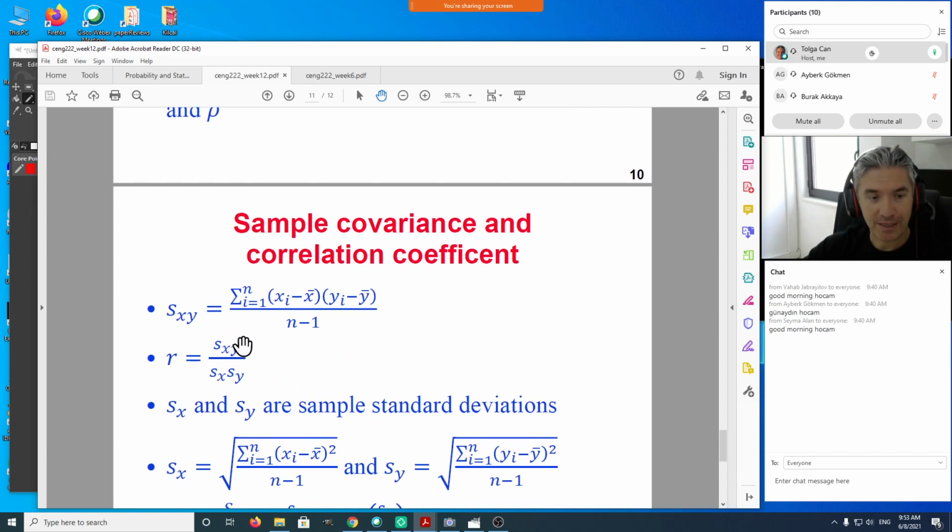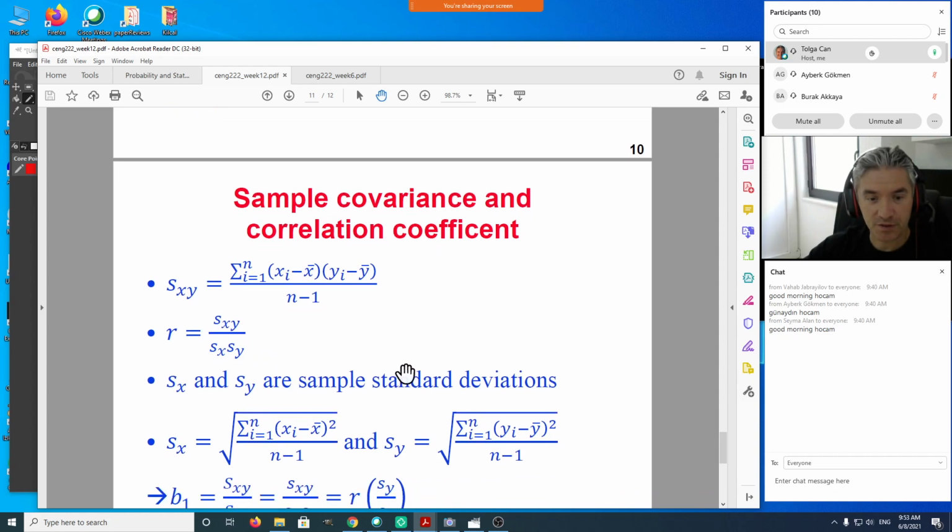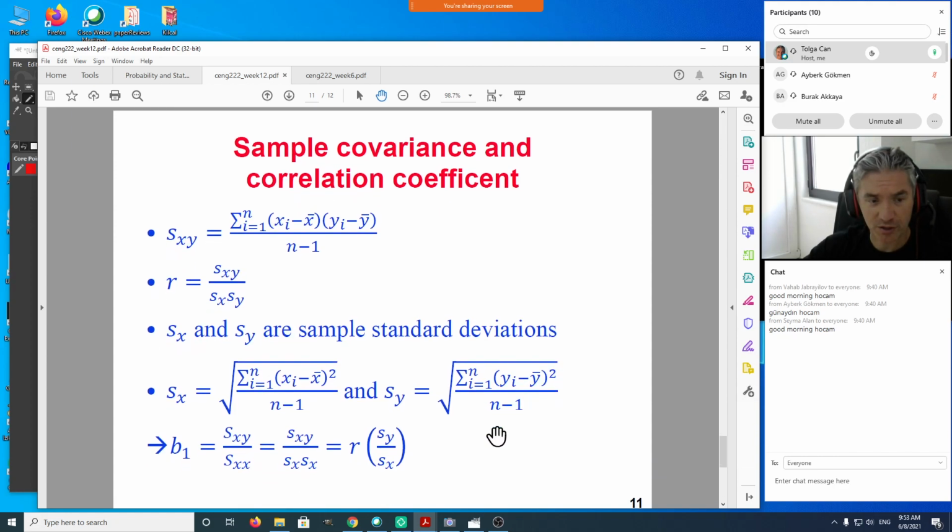We are going to see that if the sample correlation coefficient and the sample standard deviations, Sx and Sy, are given to us, beta 1, which was SXY divided by SXX, can simply be rewritten as these ratios. The n-1 terms are going to cancel when we take this ratio.